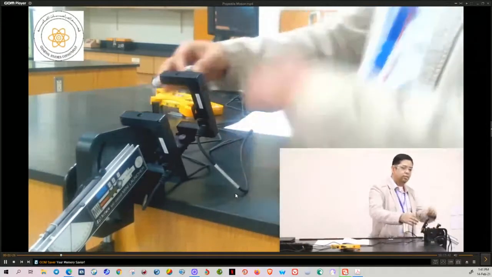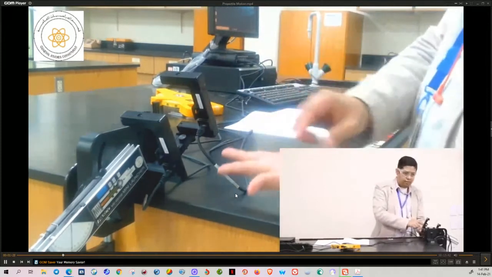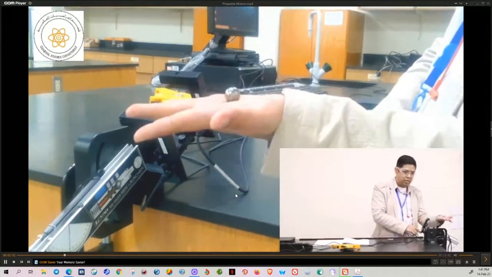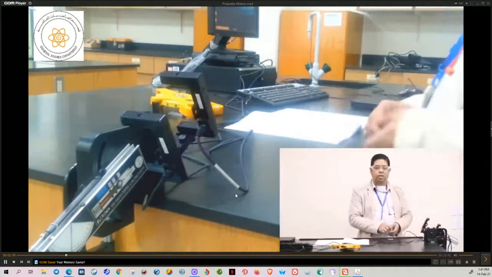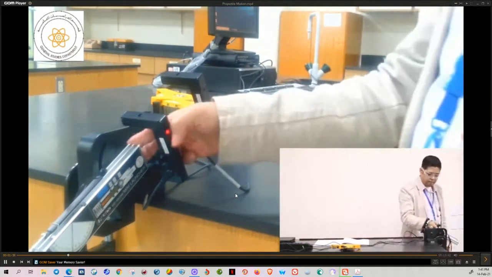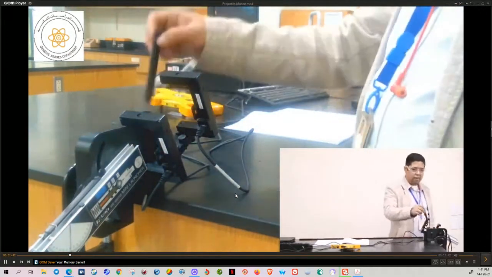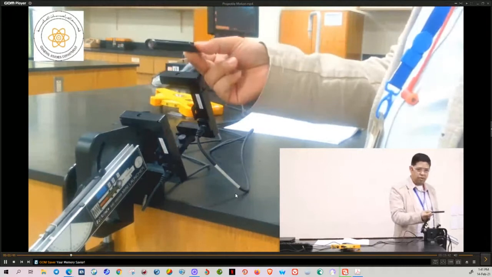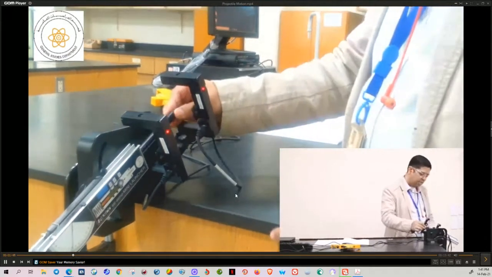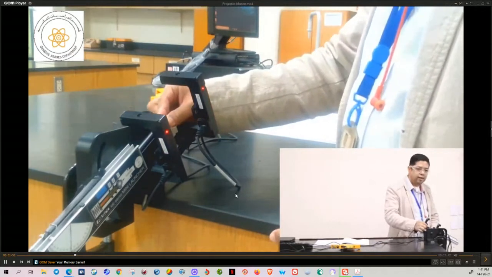Now the projectile we are going to use is a steel ball, which I have in my hand, okay? And how we install it is by placing the ball inside the muzzle and then taking a plunger, which is this one here on my hand, and then pushing the ball in, thereby compressing a spring.